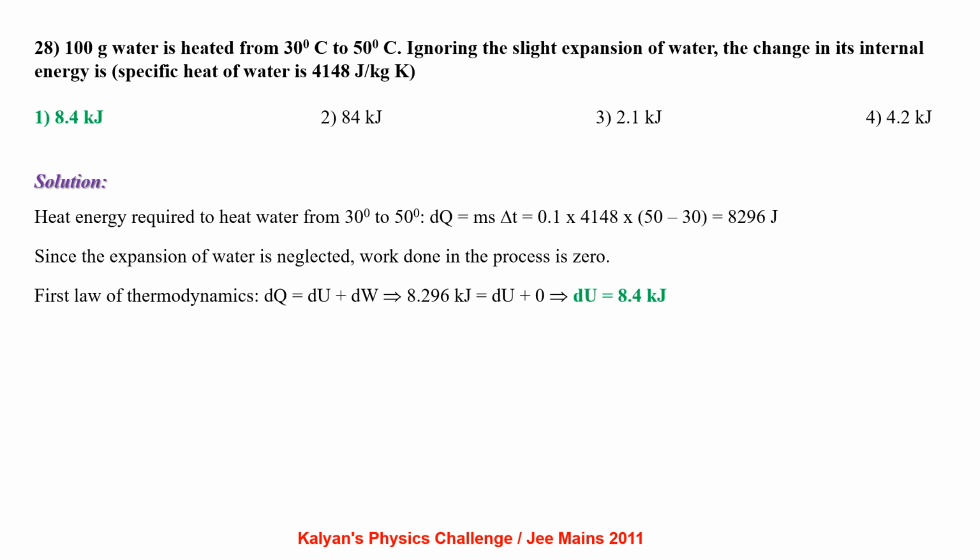That comes out to be 8296 joule. Since the expansion of water is neglected, the work done in the process is 0. Applying first law of thermodynamics, dq equal to du plus dw, we get du equal to approximately 8.4 kilojoule.